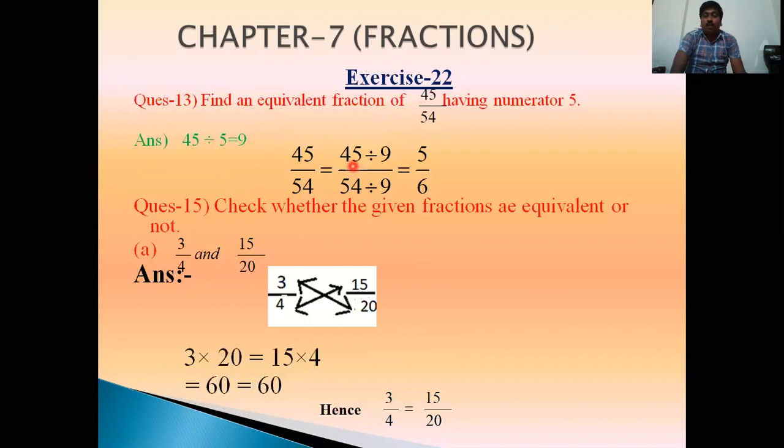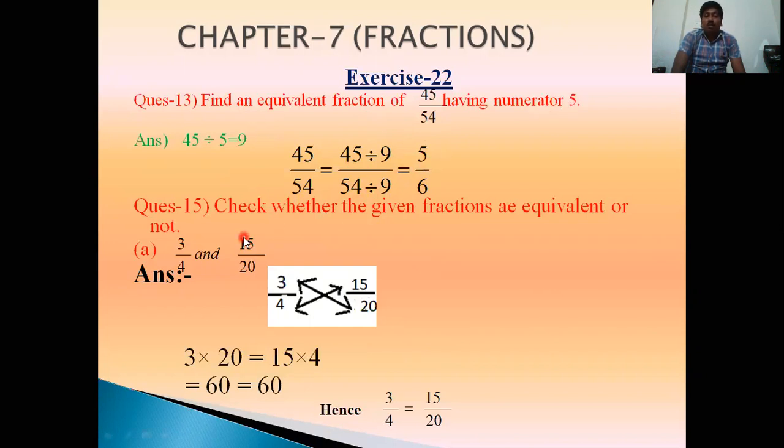Now 45 divided by 9, 9 to 45 we get 5, and 9 to 54 we get 6. Here we see the number which divides the given numerator and denominator makes the equivalent fraction. So now 5 by 6 is the equivalent fraction of 45 by 54, whose numerator is 5. Okay children.